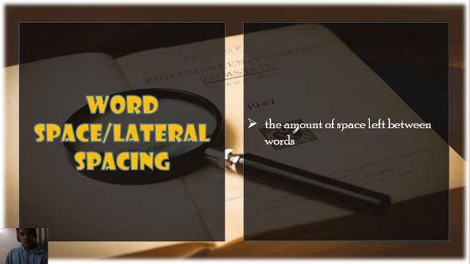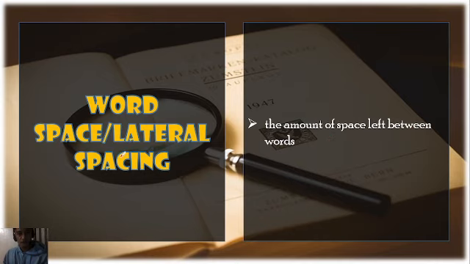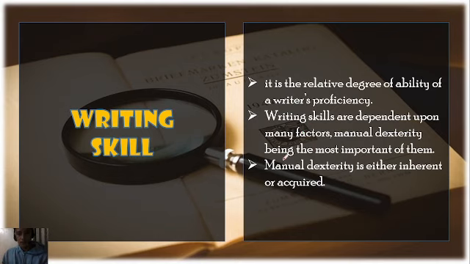Okay, and word space, nabanggit na po natin kanina. Okay, space from another word. Okay, and then take note of the other term. This is also termed as lateral spacing. Okay, and writing skill, the dexterity or manual dexterity, I mean the writing skill of the individual.